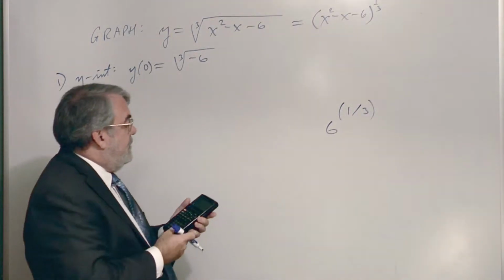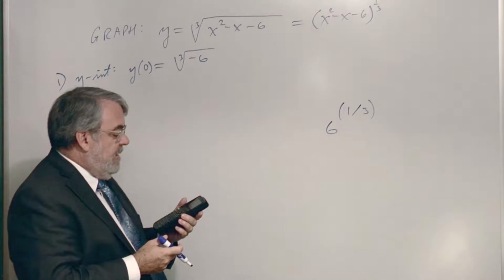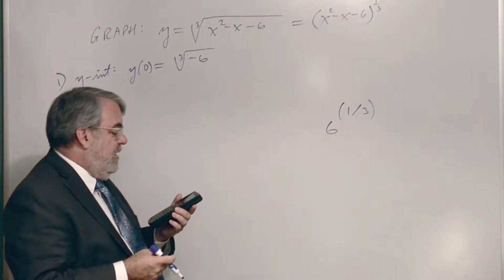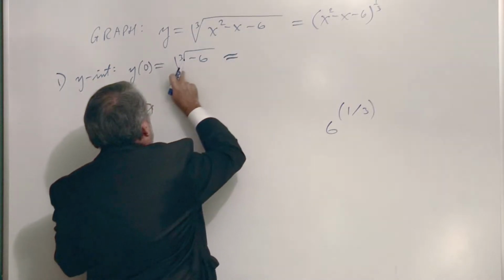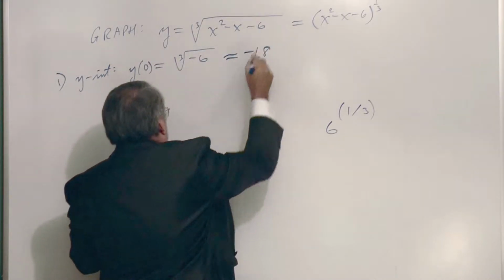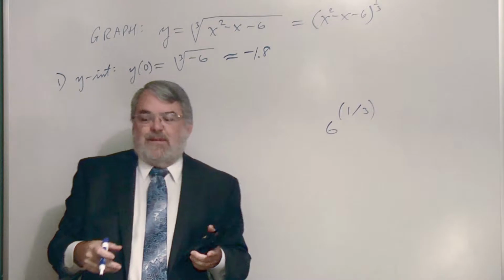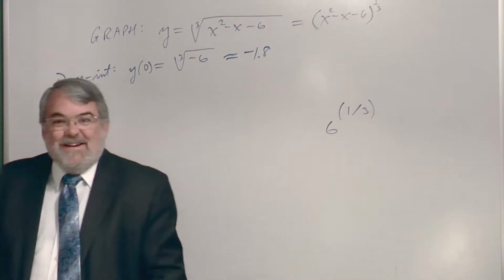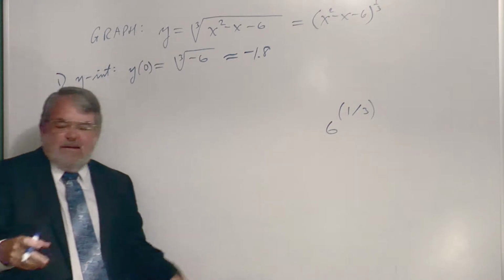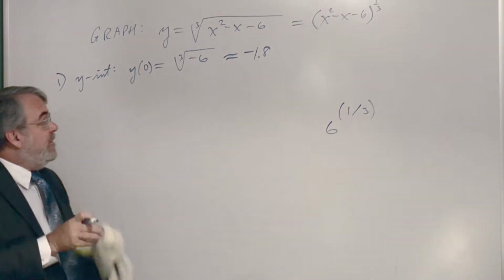All right, so anyway, I get 1.82. It's around 1.8. So it's around -1.8, right? As far as graphing goes, most of the time we just go one decimal place if you're lucky, and so that'd be good enough to estimate it for graphing purposes.